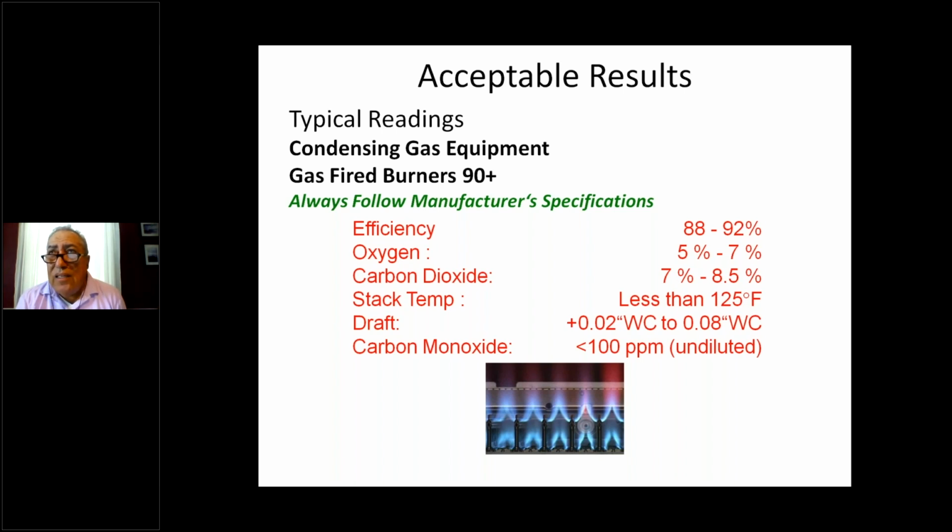It'll open and dilute some of that draft, bringing in ambient air from the boiler room, and it'll slow that draft down. So it's not a rookie question, it's a good question. It's a measurement of the flow of flue gas.